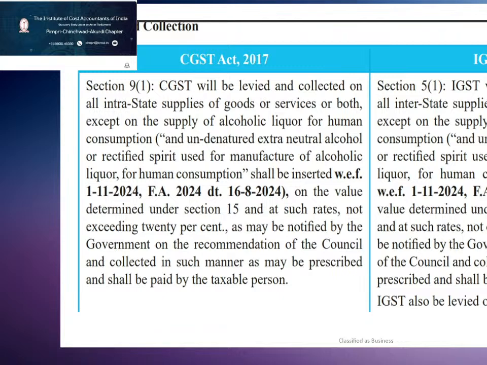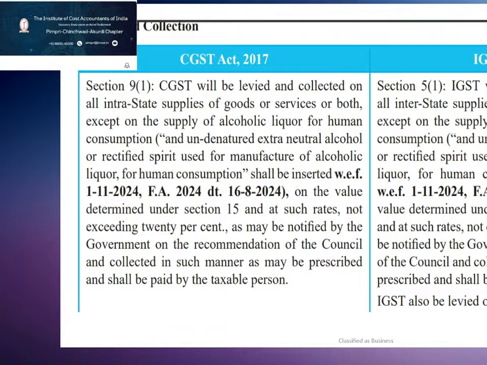Based on this, we will see how much you understood about the composition scheme. Mr. Ritesh of Assam provides the following information for the preceding financial year 23-24. You are required to find out the aggregate turnover for the purpose of eligibility for the composition scheme.